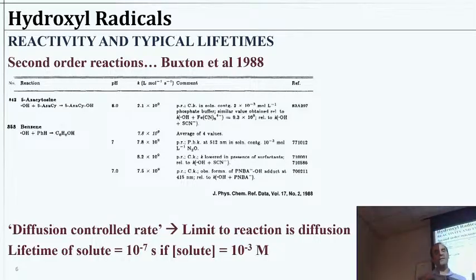And this would give us essentially a lifetime of that solute, whatever's reacting, of about 10 to the minus 7 seconds, so 100 nanoseconds, if you have 1 millimolar of that solute. If you have less of it, potentially a little longer. If you have more of it, it also might depend on what it's reacting with, but this is just a general rule of thumb. Things don't last very long if they're reacting that fast, even if you have a lot of it.